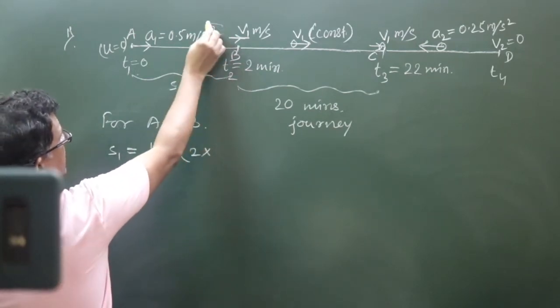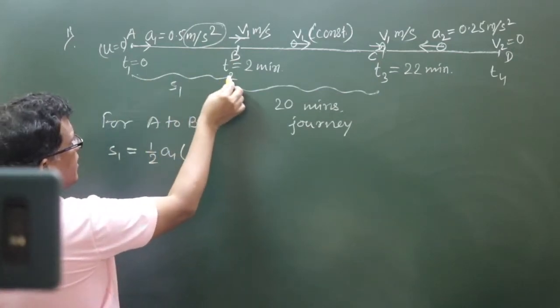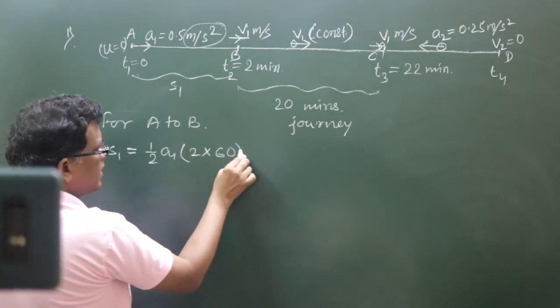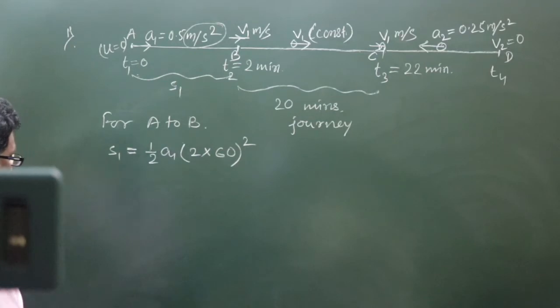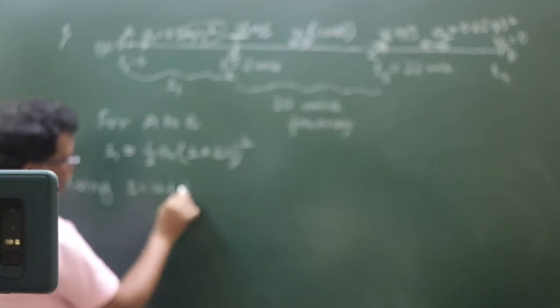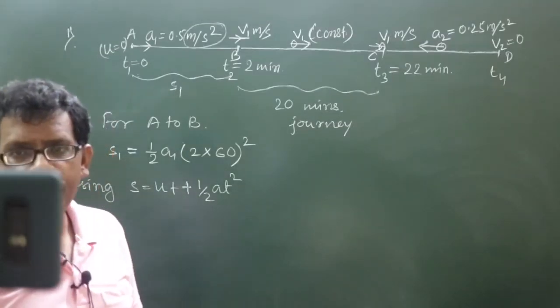Since acceleration is given in meter per second square, I will convert this time period into seconds, so it is 2 into 60, whole square. Which formula am I using? Using S is equal to ut plus half at square.